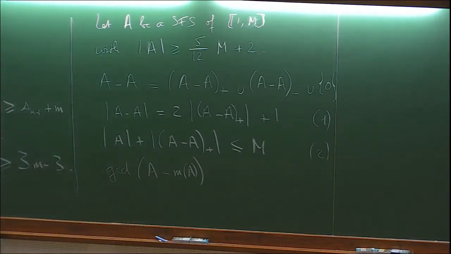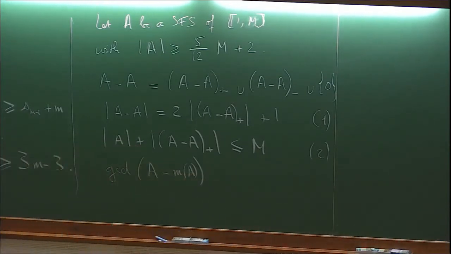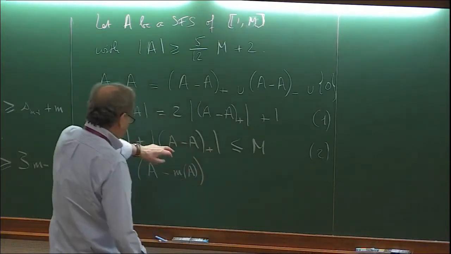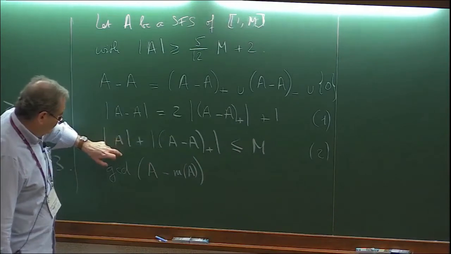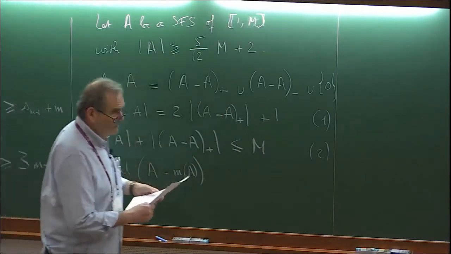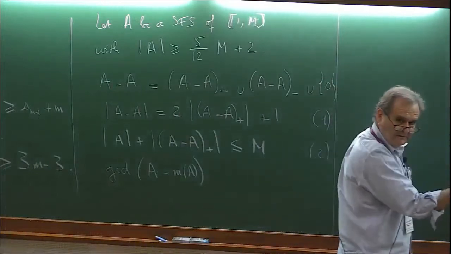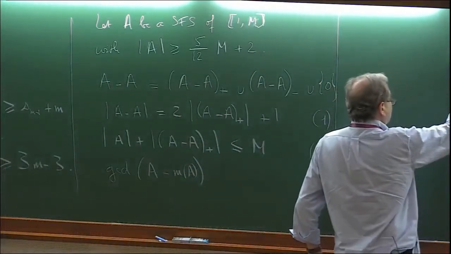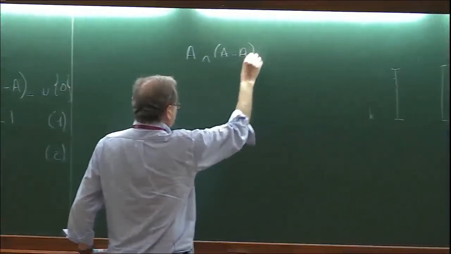Yes? No? For 2, yes. What I say is that if you take this element, you see, assume that you have some common element in A. I write it here and I will erase it, okay? So assume that you have something such that A intersection A plus is empty.